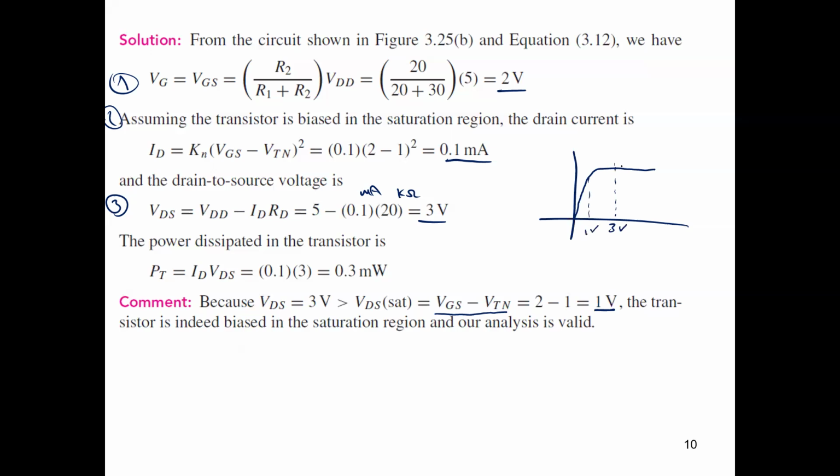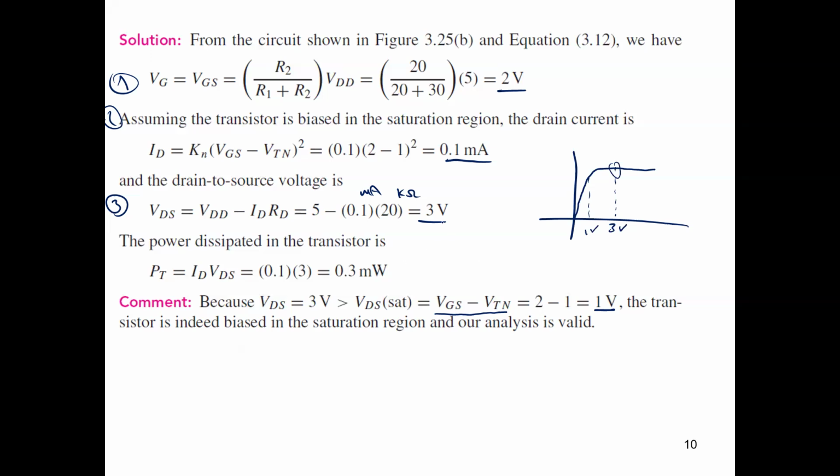So this means we are working in the saturation mode for sure, since 3 volts is greater than 1 volt. So this means our assumption to use the saturation relation is correct. For sure, if it is less than the VDS saturation, we have to repeat the calculation in the linear mode.